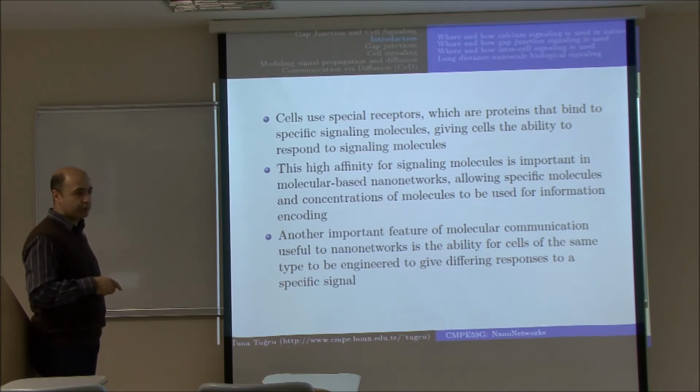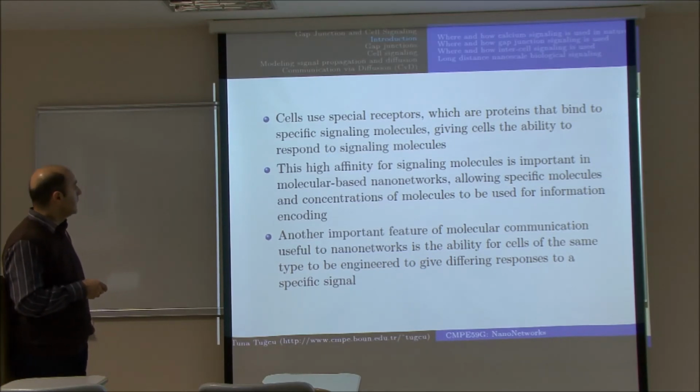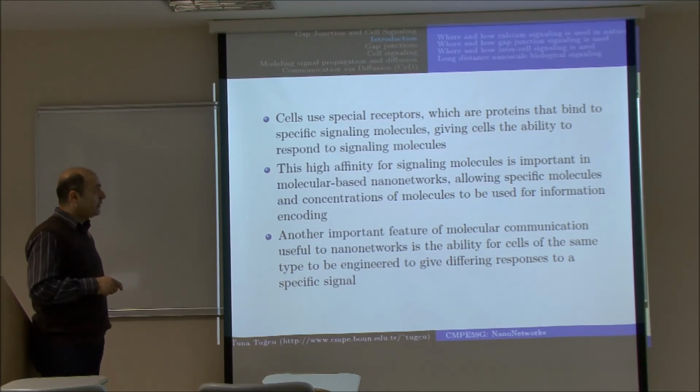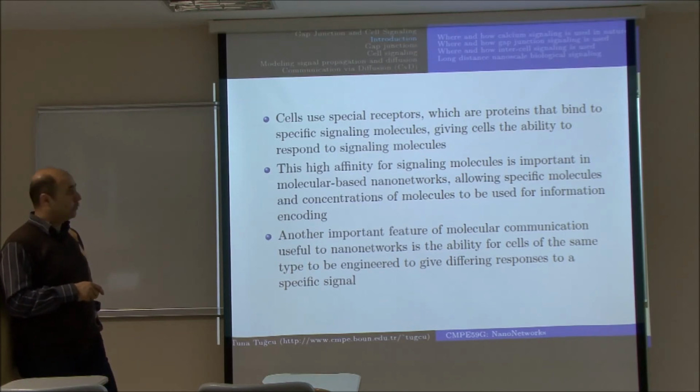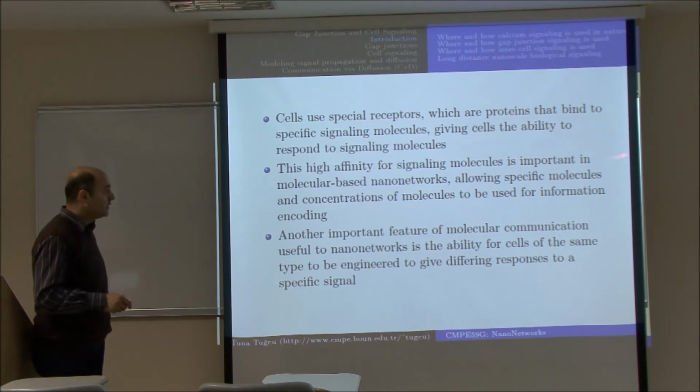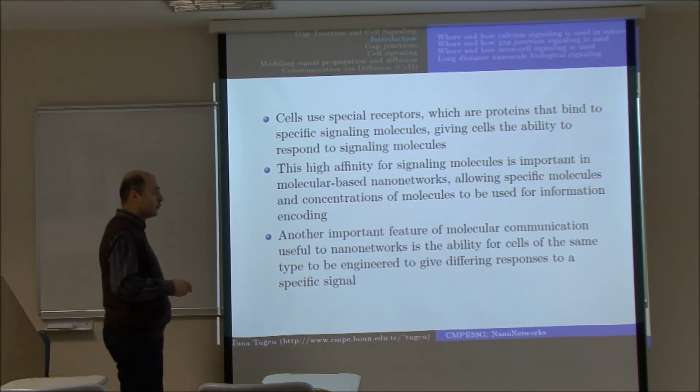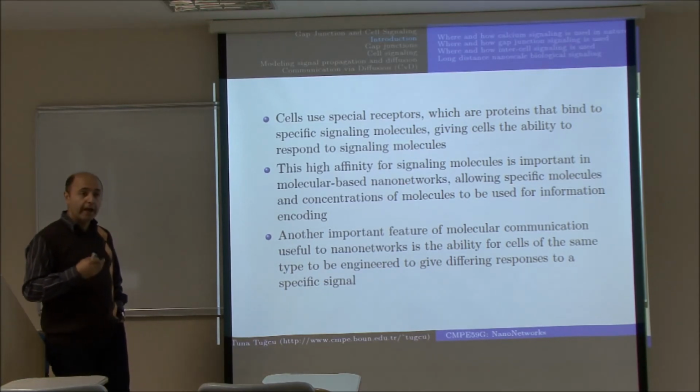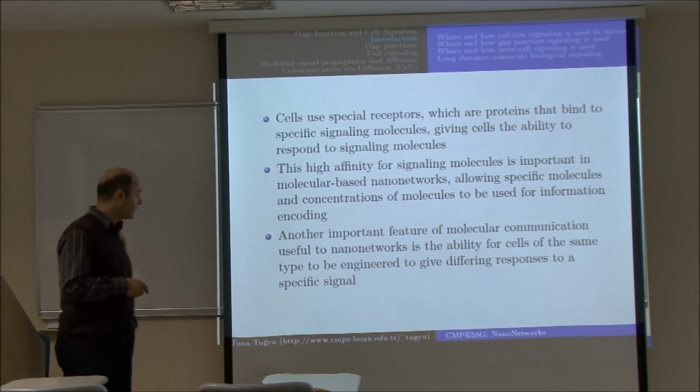We will see how that works in more detail soon. This high affinity for signaling molecules is important in molecular-based neural networks, and it allows specific molecules and concentrations of the molecules to be used for encoding the information on the signal.